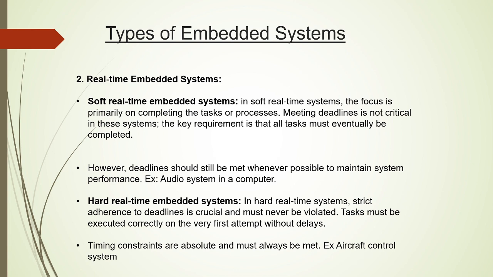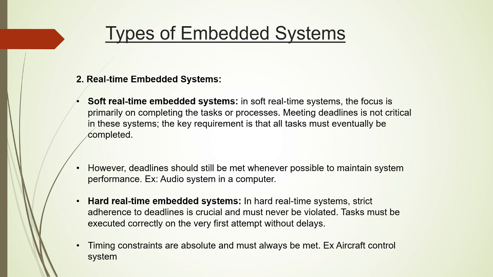The key requirement is that all tasks must eventually be completed. However, deadlines should still be met whenever possible to maintain system performance. An example of soft real-time embedded systems is the audio system in a computer.